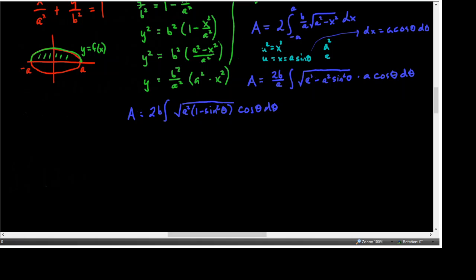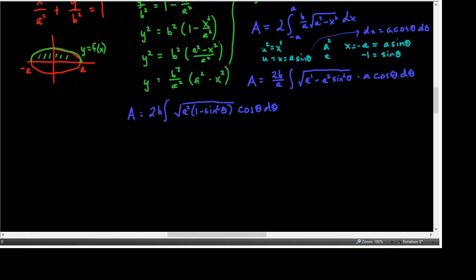Oh, and I forgot to figure the bounds. Let's see. The lower bound was when x is equal to the opposite of a, which is a sine of theta. That's what x is. And so if I divide both sides by a, I'll get negative 1 equals sine of theta.